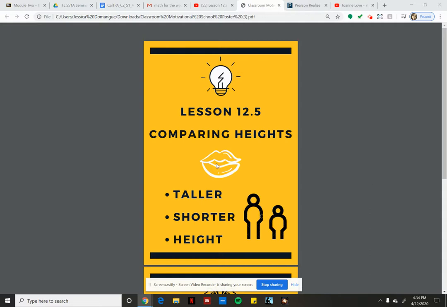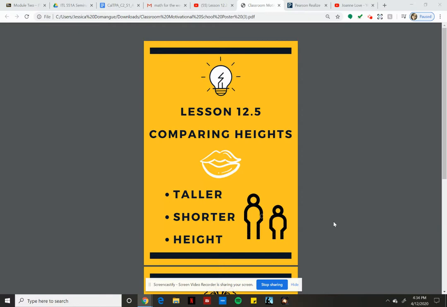When you see the lips, you know that that means we're going to be looking at our academic words for this lesson. So let's read those together. Taller, shorter, and height. So height is how tall something is when it's standing straight up. When we look at the top of something and we see how tall or short it is, we can measure the height.